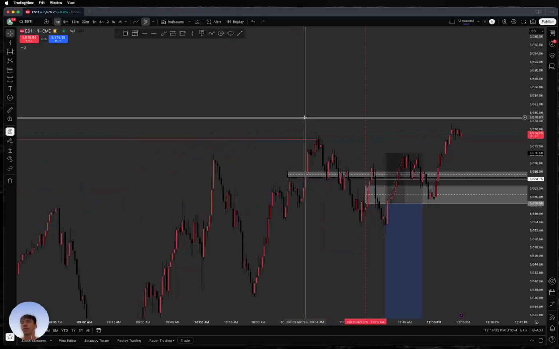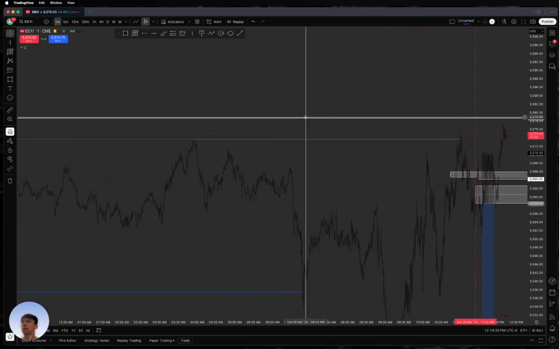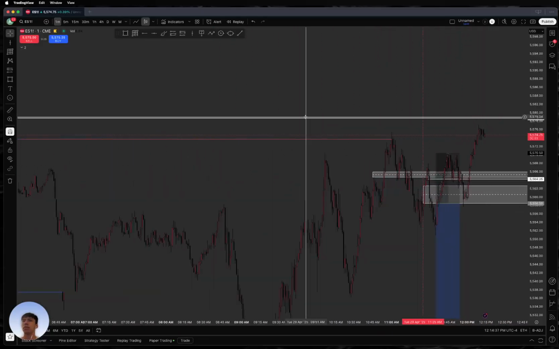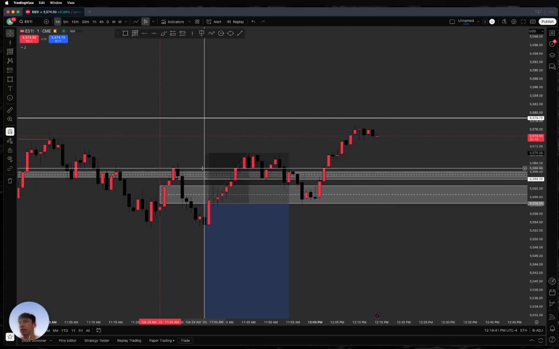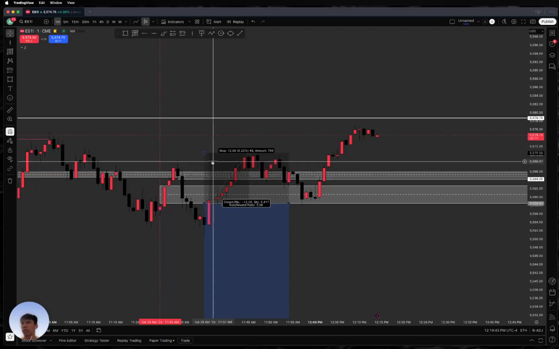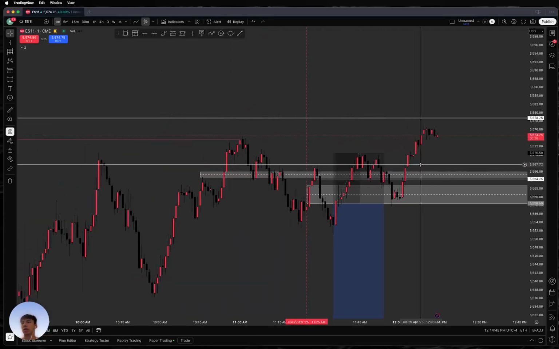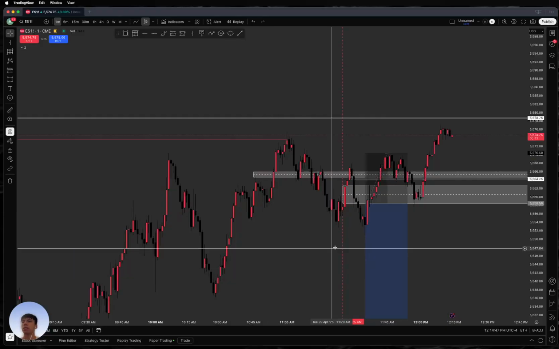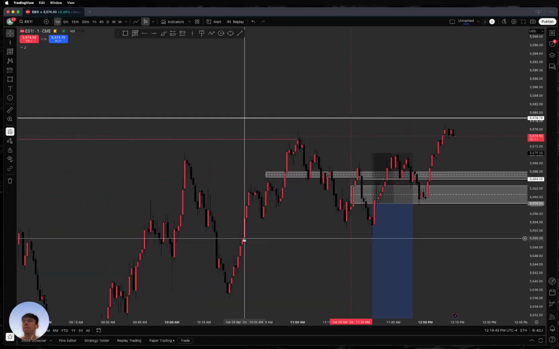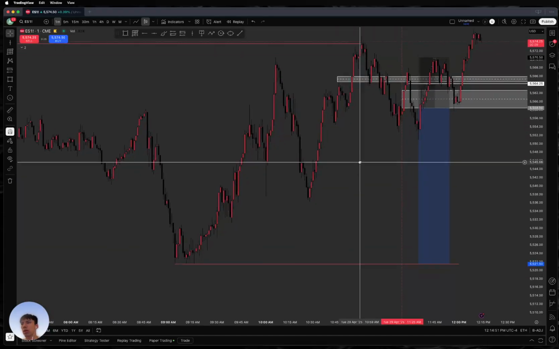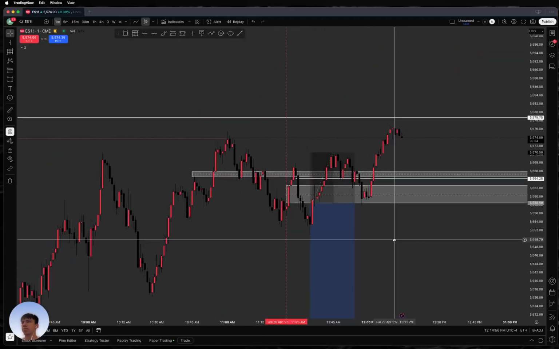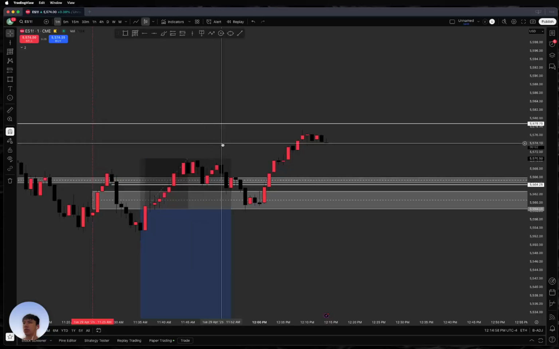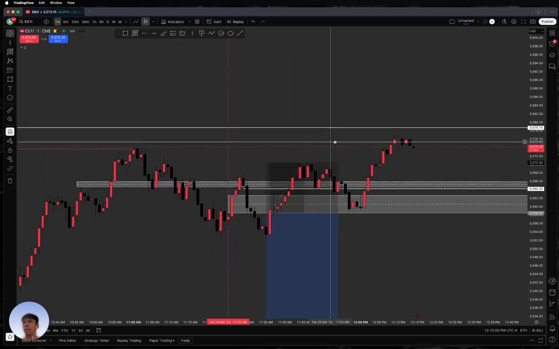And we also could have waited for these levels to get taken out. But then again, this is already pretty late in the day. Price action typically slows down, as you can see right now. I also should have woken up earlier. But yeah, it is what it is. Gonna have to take the loss today.